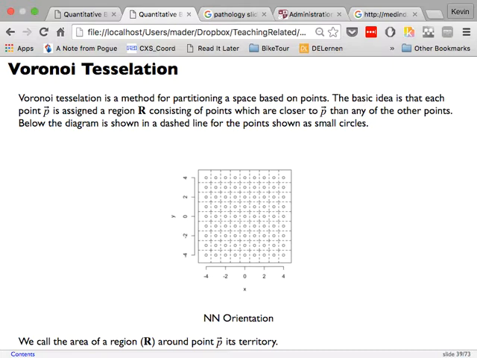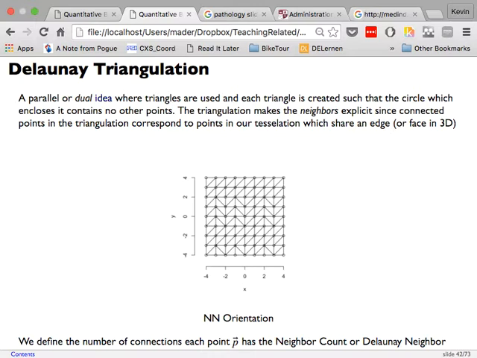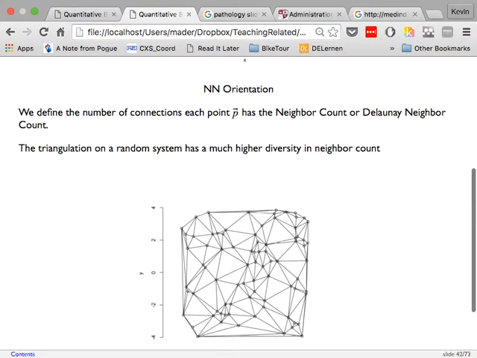And so with Voronoi tessellation, we don't see the problem as much, but with Delaunay triangulation, we see that this angle is sort of arbitrary. So we have, again, some of these problems that we've seen before, but it's not as serious as it is with nearest neighbor.